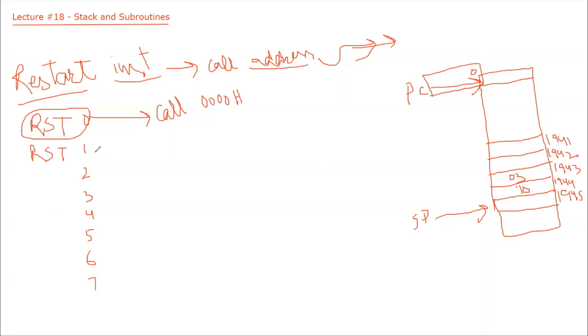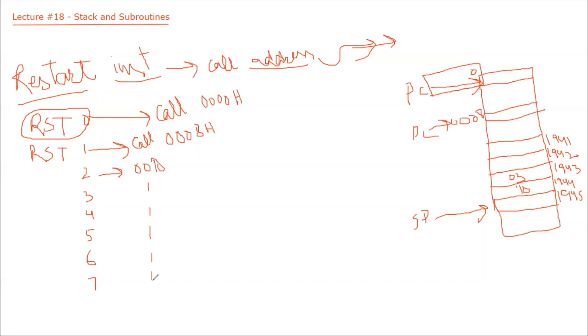RST 1 is internally executing CALL 0008H. So here we have the address in memory 0008, and it will update the PC to this address. Then RST 2 is doing a call to this location, and likewise we have other restart instructions.